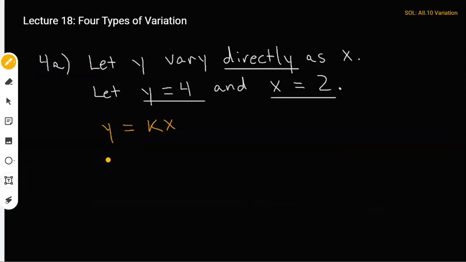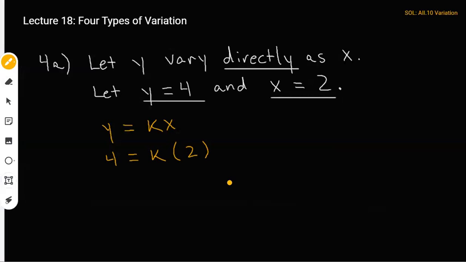So I'm going to let y be 4. I don't know what k is yet, so I'm going to leave it as k. And then inside parentheses, I'm going to have my x. In this case, it's going to be 2. So now I've got 4 equals k times 2.